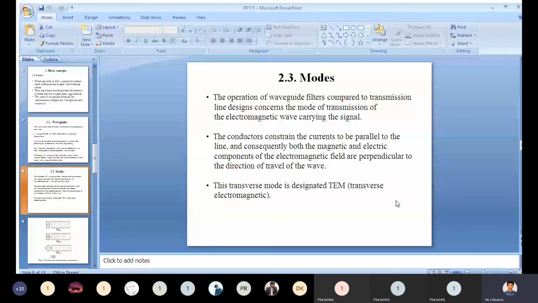This multiplicity of modes can cause problems in the waveguide filter when modes are generated. Actually, designs are usually based on a single mode and frequently incorporate features to suppress the unwanted modes.